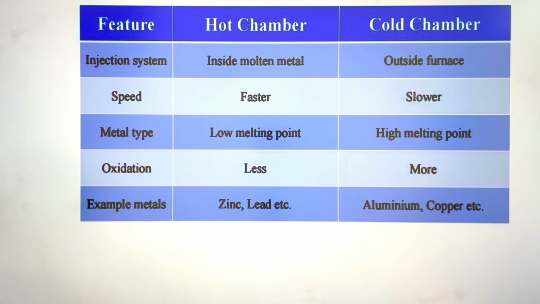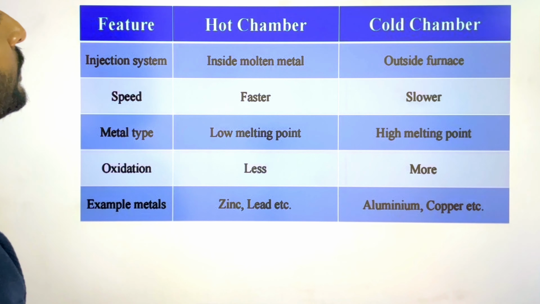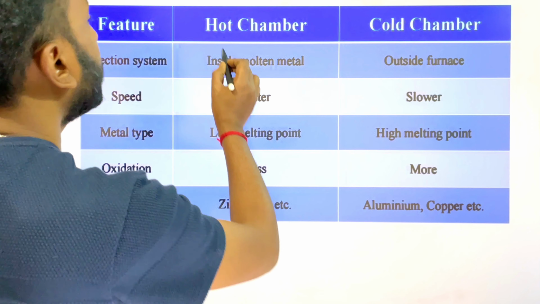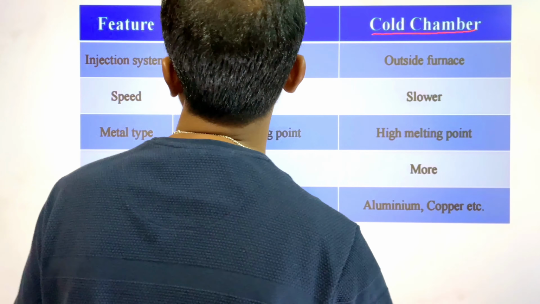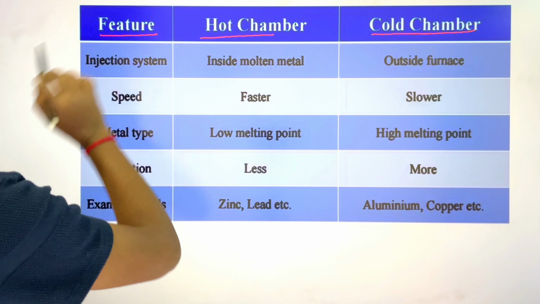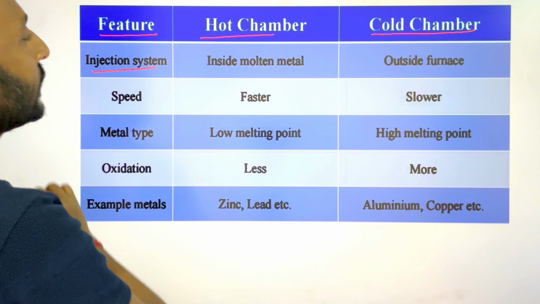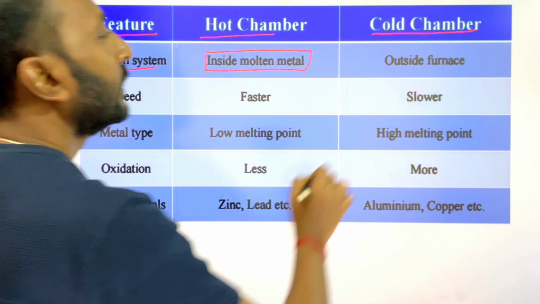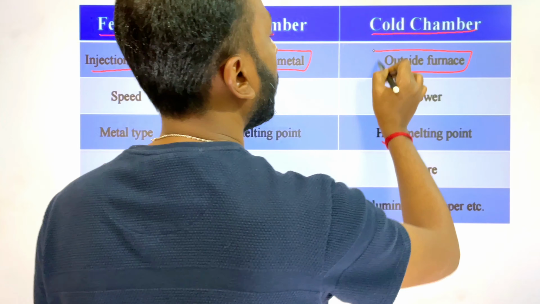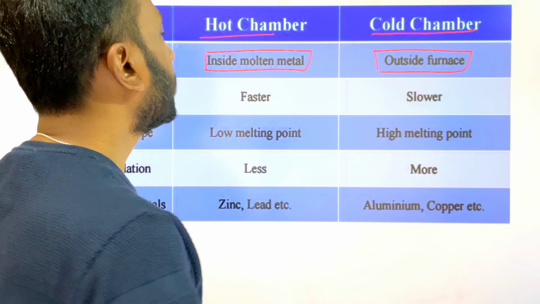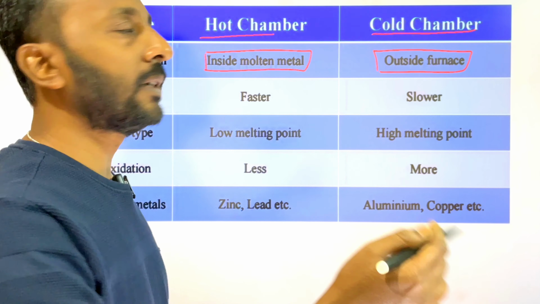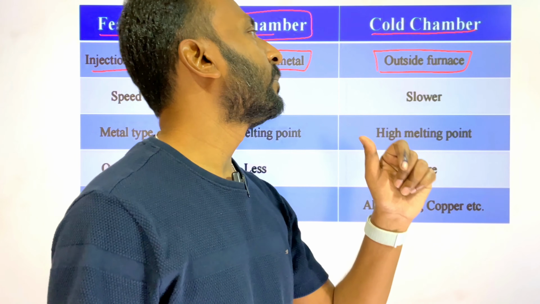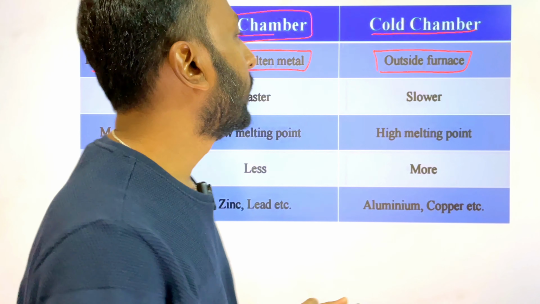So what are the differences between cold chamber die casting and hot chamber die casting? First is hot chamber die casting, second is cold chamber die casting. The first feature is the injection system. In hot chamber die casting, the injection is done inside the molten metal, inside the furnace, but in cold chamber the injection is done outside the furnace.